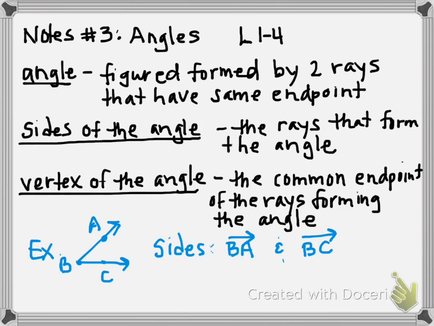Remember, when we write rays, we always write the endpoint first and then a point on the indefinite end next. And then the vertex would be what they have in common, which is point B. Okay?